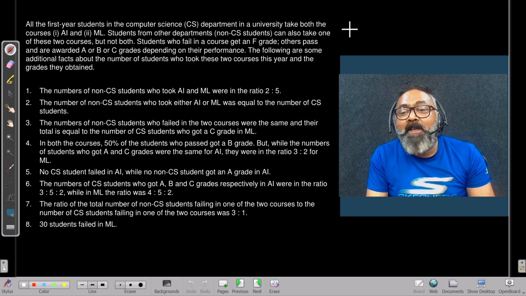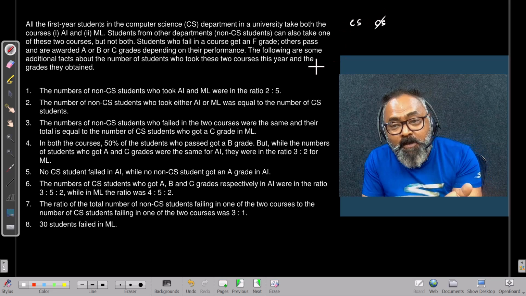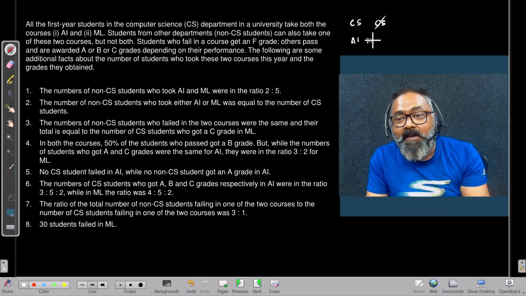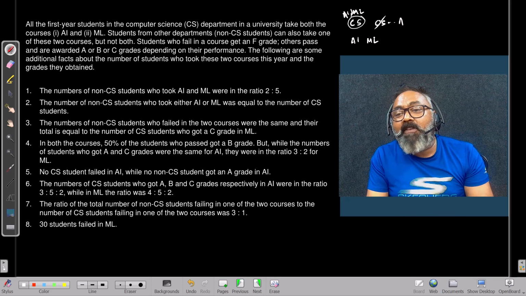So you've got one piece of the department, which is the computer science department, and which is the non-computer science department. And then we have got courses, which are AI and ML, where the computer science kids take both, and non-computer science students take either AI or ML, only one, they don't take both.